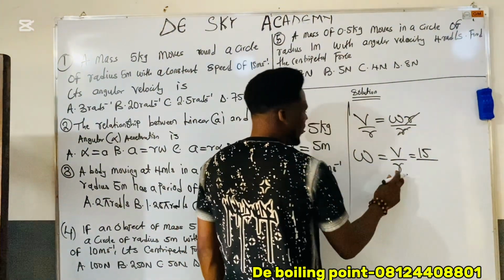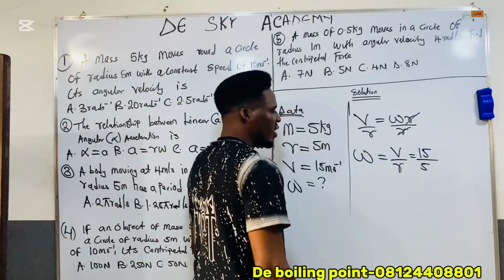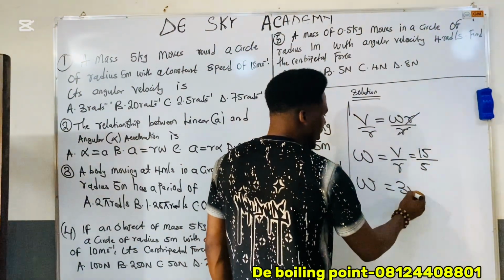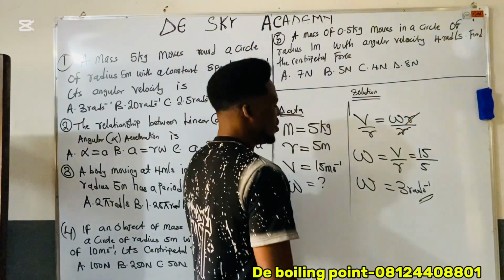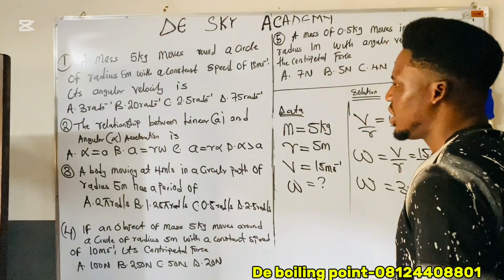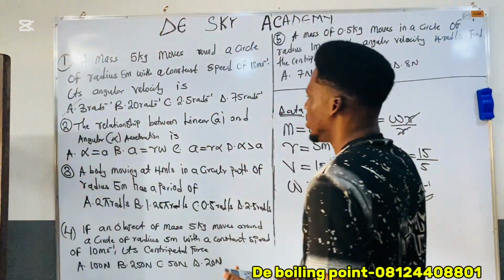Yes, 15. Did they give us the radius? Yes, 5. 15 divided by 5, you have that omega is 3 rad per second. That is the SI unit of omega. So the best answer there is option A, which is 3 rad per second.